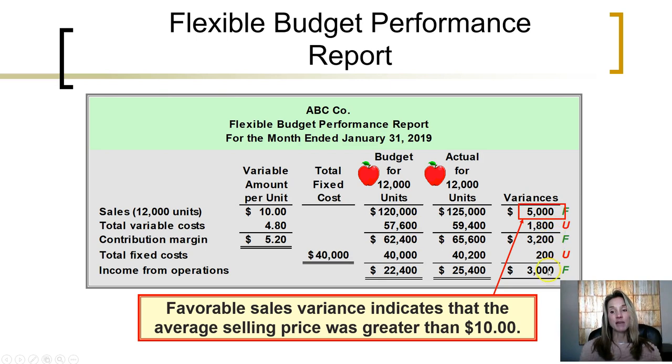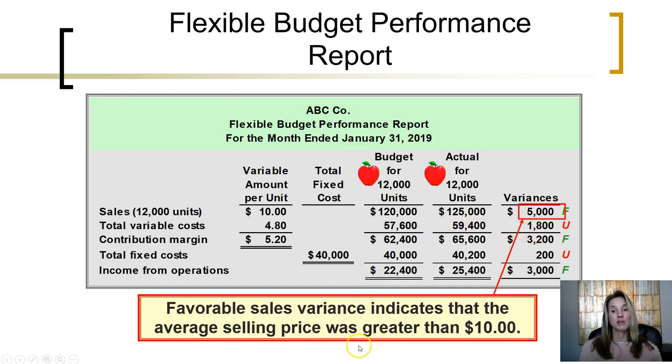We can do this line by line. Revenue variances are favorable if the actual revenues exceed budgeted revenues. Cost variances are favorable only when the actual costs were less than the budget. If our actual costs are greater than our budget, it is an unfavorable variance.